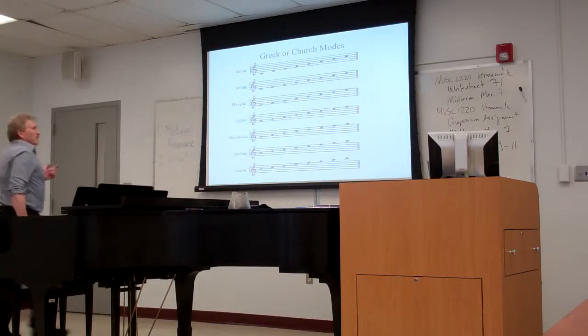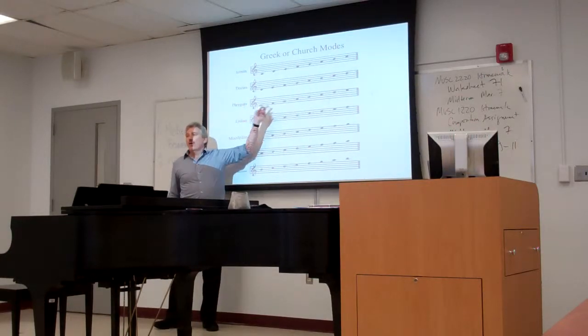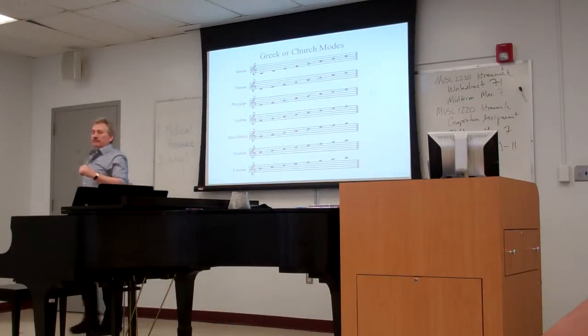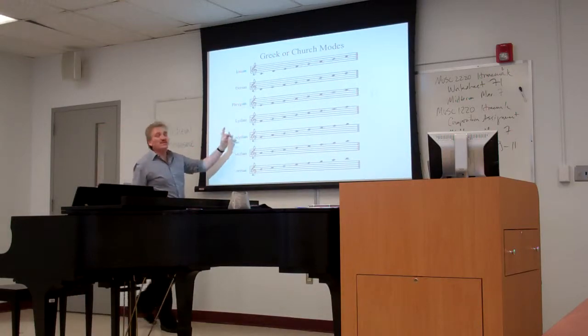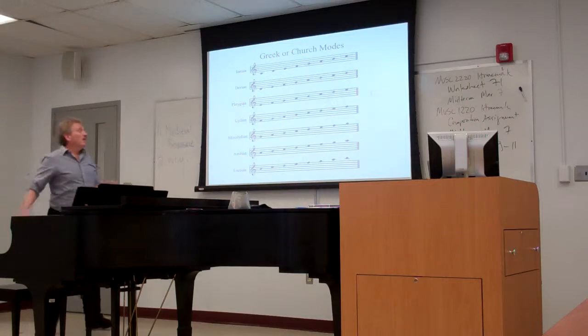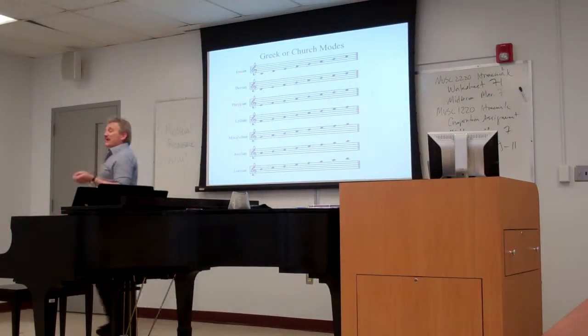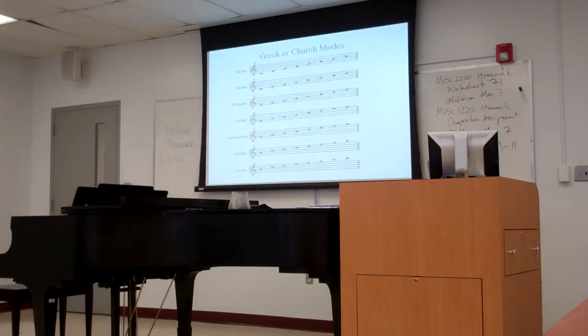My Phrygian is my natural minor scale with a lowered 2nd degree. My Lydian is a major scale with a raised 4th degree, and my Mixolydian is a major scale with a lowered 7th degree. Remember it that way, it's very easy.